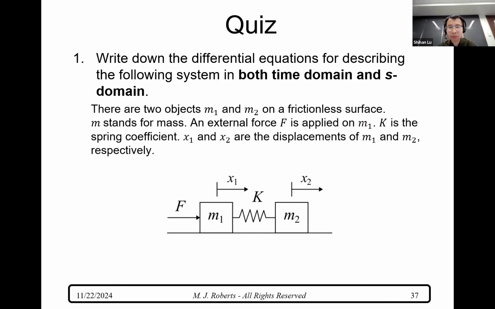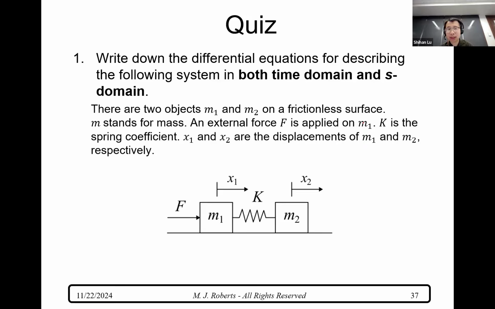There are two questions in this quiz. The first one is more about system description using differential equations, with a simple mechanical system: two objects connected with a linear spring, and an external force F applied on one object.